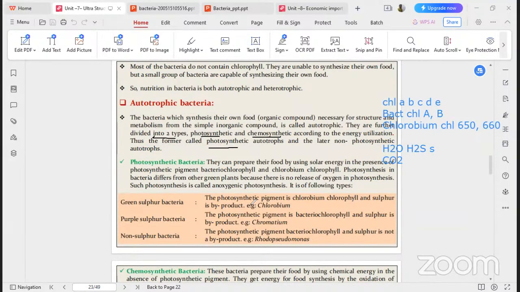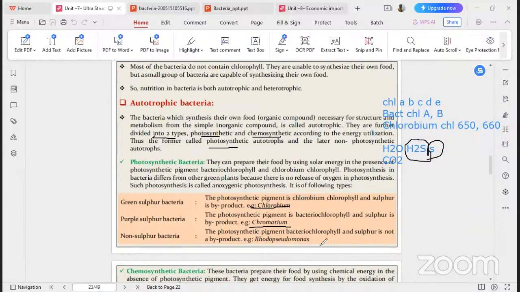Chlorobium is the green sulfur bacteria, and Chromatium is the purple sulfur bacteria, because its photosynthetic pigment is purple in color. The green one is green in color. We call them sulfur bacteria because they release sulfur, using H2S instead of H2O.